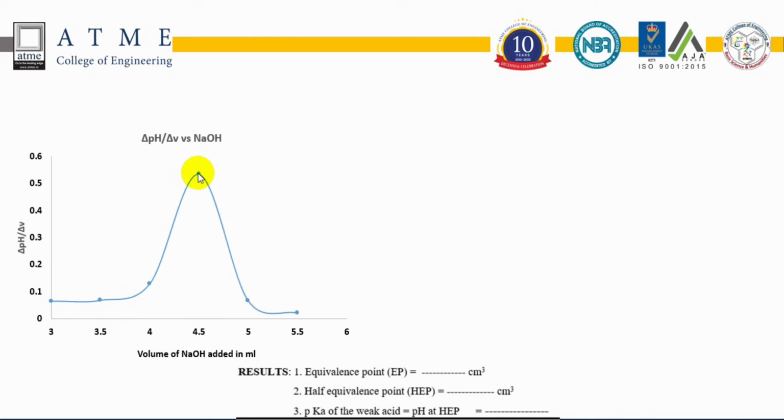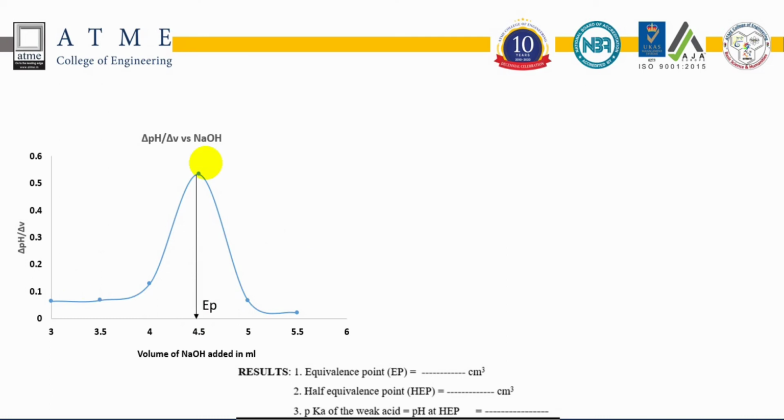When you reach 4.5 ml, the pH suddenly increased. So this is the equivalence point. The equivalence point is the end point where acetic acid is completely neutralized to sodium acetate.